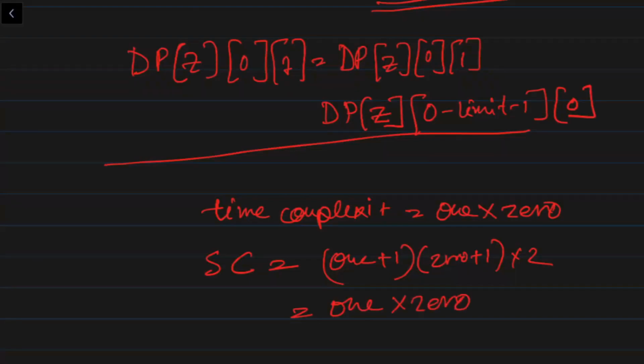This is again going to be n square complexity. That's it. Let's take a look into the code.